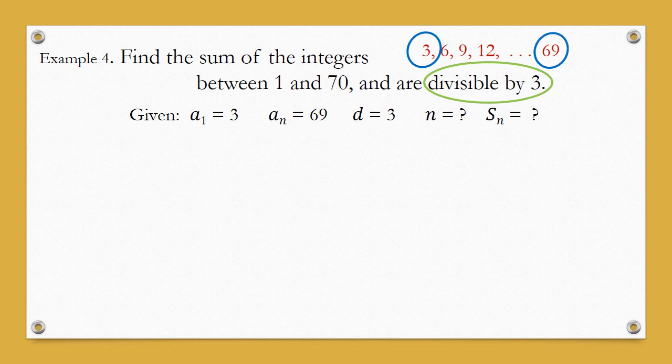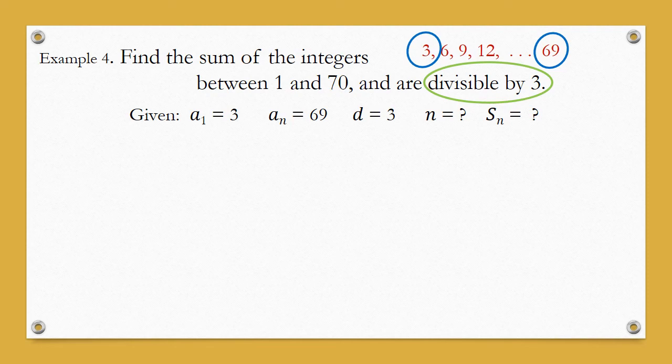So, kung makikita mo sa given, instead na 1 ang first term, hindi na, kasi kailangan divisible by 3. And 69 ang last term kasi yun ay divisible by 3 din. So, sa pagkakaalam natin, ang 70 is not divisible by 3.